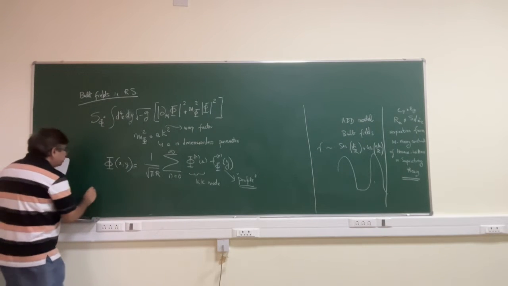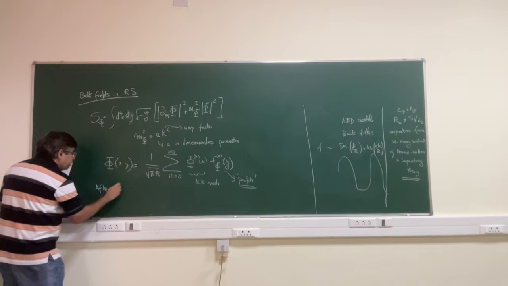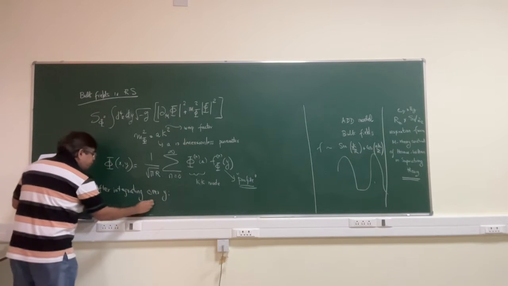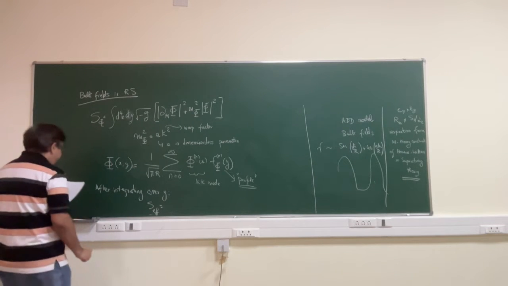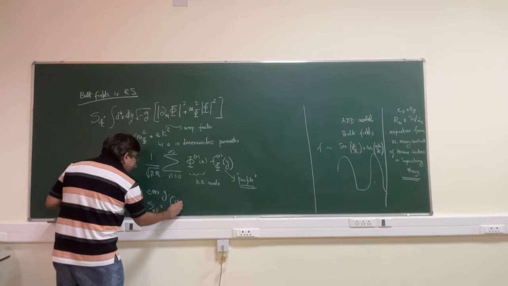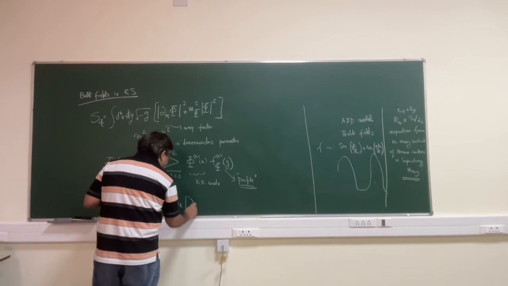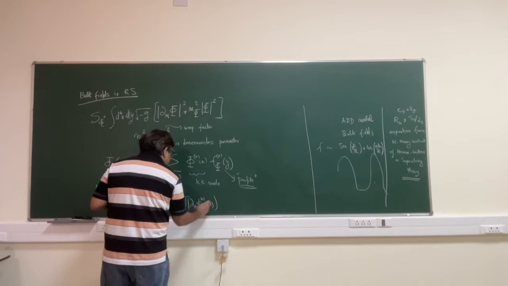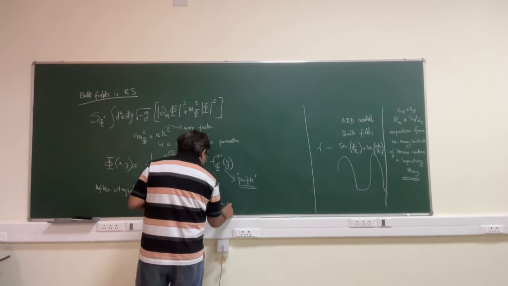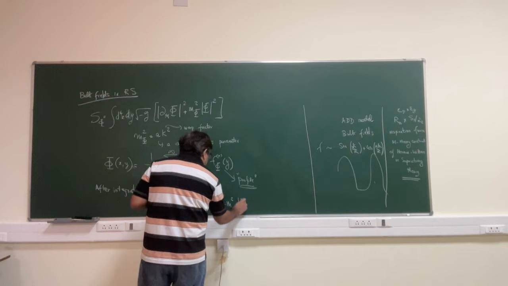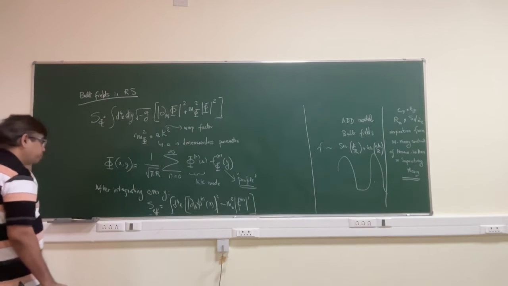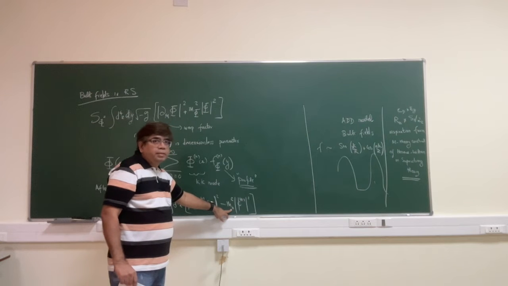After integrating over y, I should get an effective action which will be just 4-dimensional, of all the modes, and Mn is the masses of these modes.